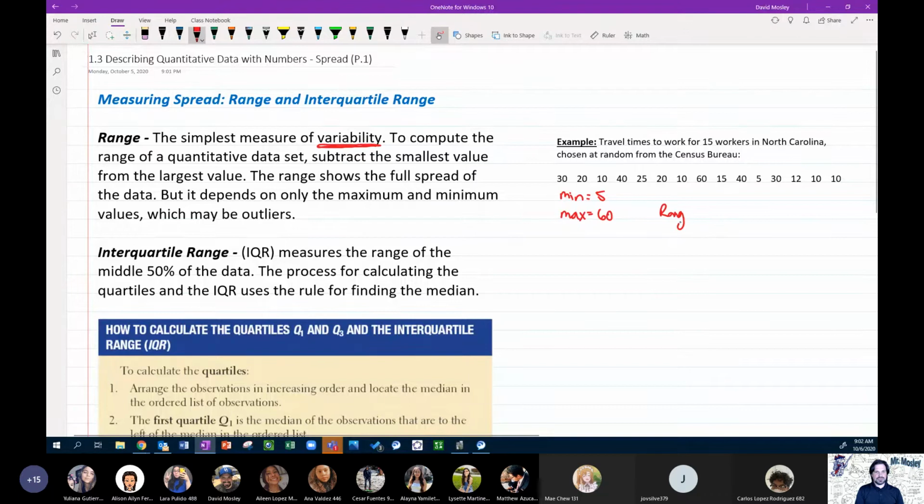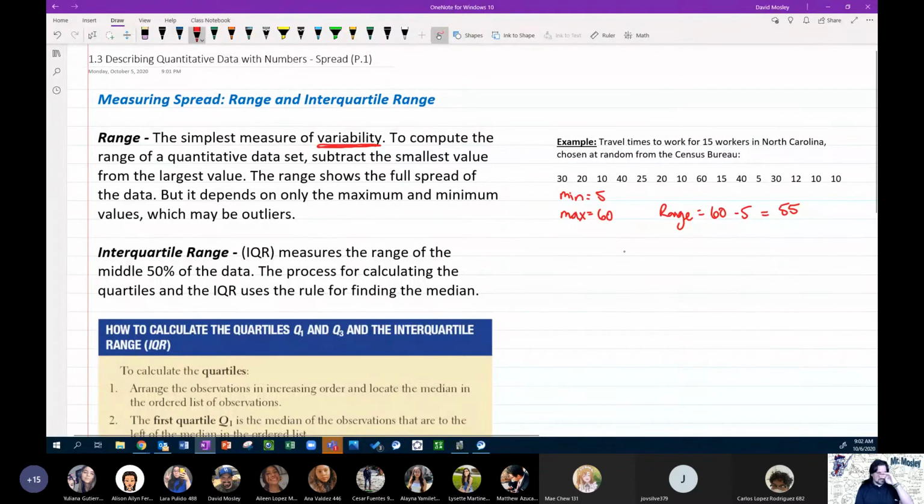So the range is going to be 60 minus 5 equals 55. Right, so our data has a range of 55 minutes. We're talking about travel times.